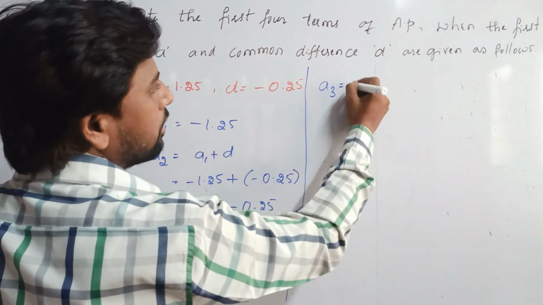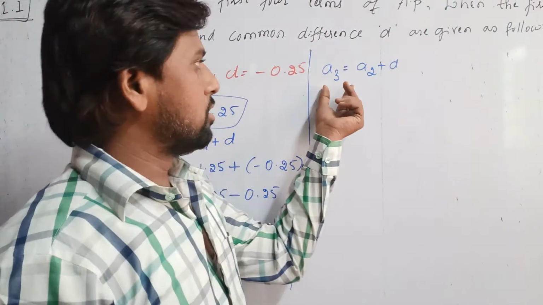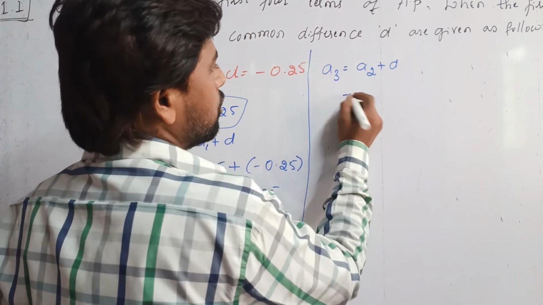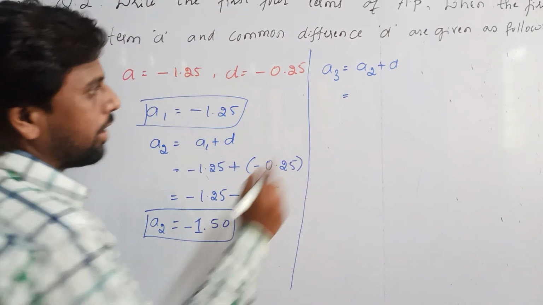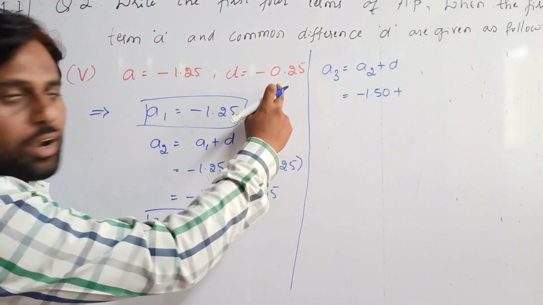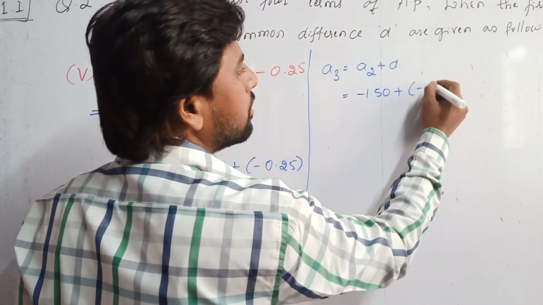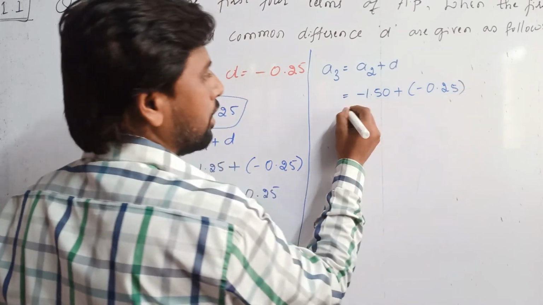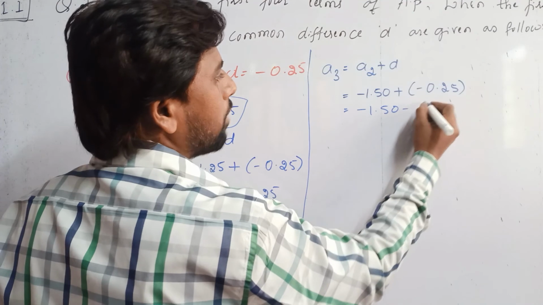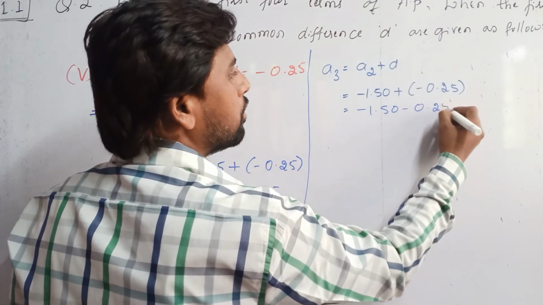So if you want to find A3, obviously again you should do what here? A2 plus D here. So students, what is A2 given here? That is minus 1.50 plus what is the D common difference here? Minus 0.25. So if you solve this, you will get what? 1.50 plus into minus, it will be 0.25, students.